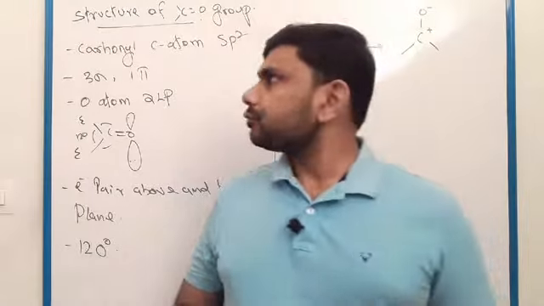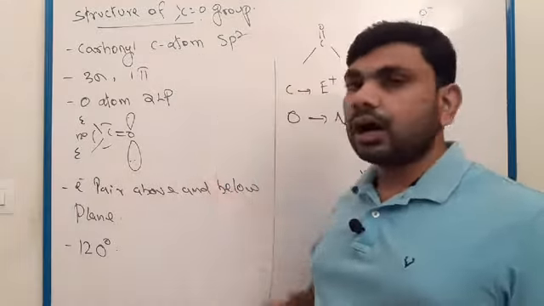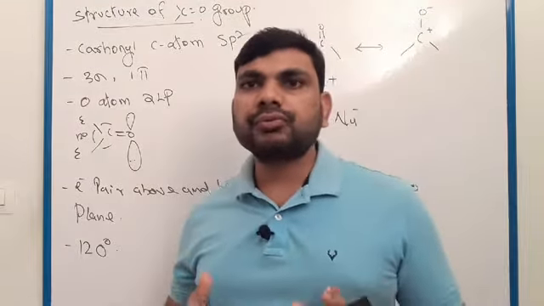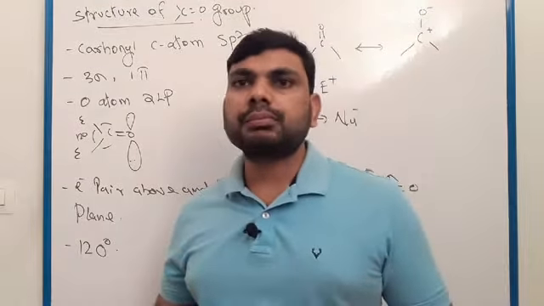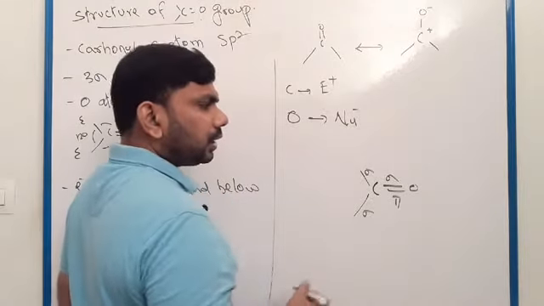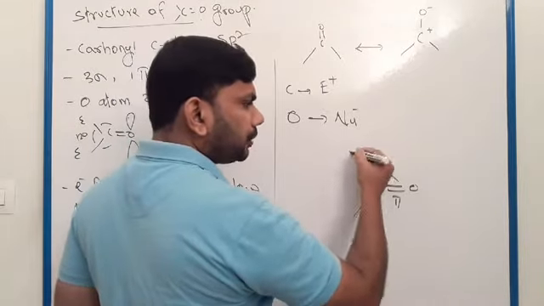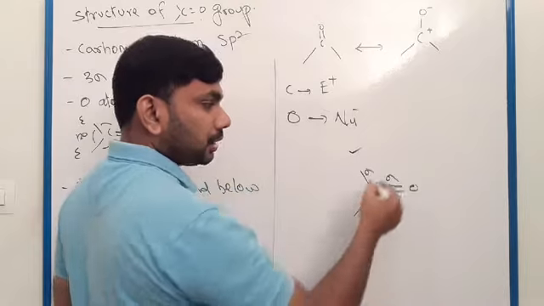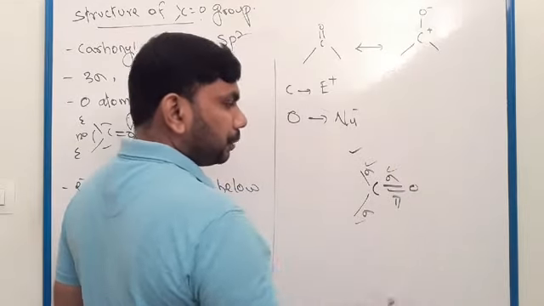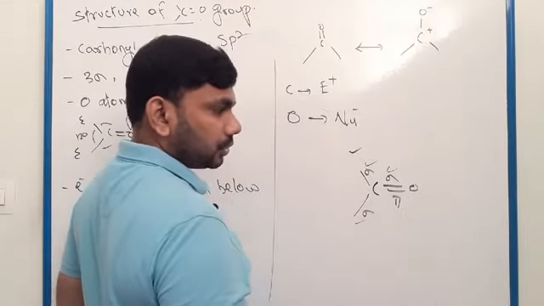Okay, next one we have to discuss here structure of carbonyl group. We know carbonyl group means carbon double bond oxygen. Okay, and this carbonyl group contains 3 sigma bond and 1 pi bond.